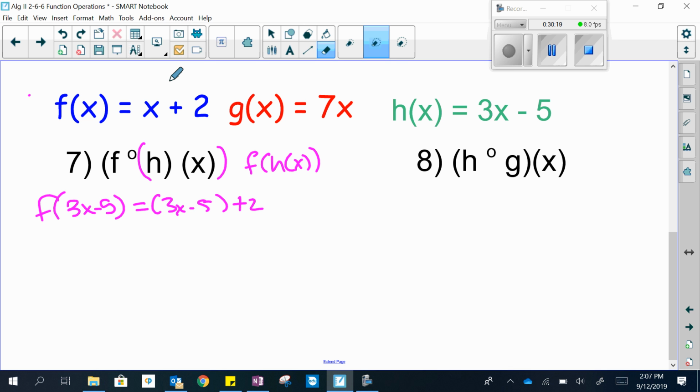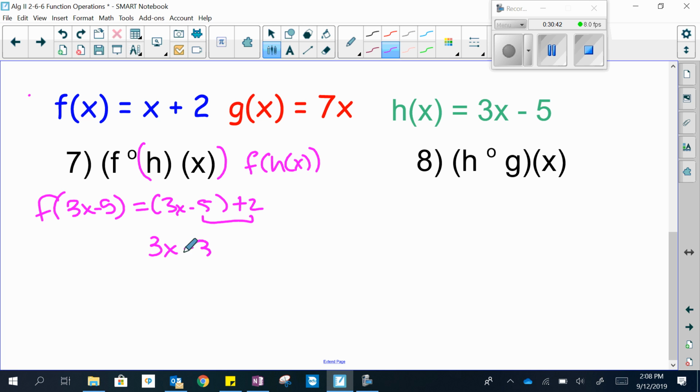All right. So what do I need to do from here? 3x minus 5 plus 2. No, that's addition. Yeah, it's combined like terms. Oh, wait, I'm not going to write that over there. I'm just going to work over here. So the 3x doesn't combine with anything.